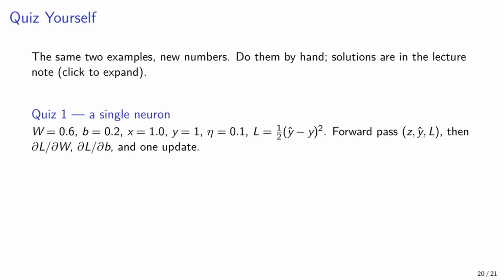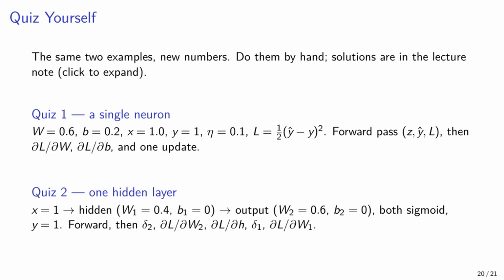Now try it yourself. Same two examples with fresh numbers. Quiz 1. A single neuron, weight 0.6, bias 0.2, input 1, target 1, learning rate 0.1. Run the forward pass for z, y hat, and the loss, then compute the two gradients and take one update step. Quiz 2, one hidden layer.